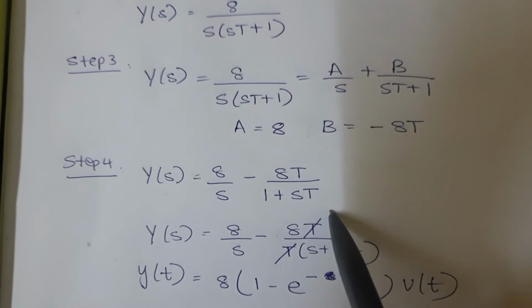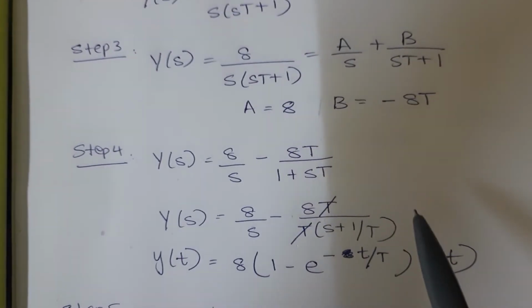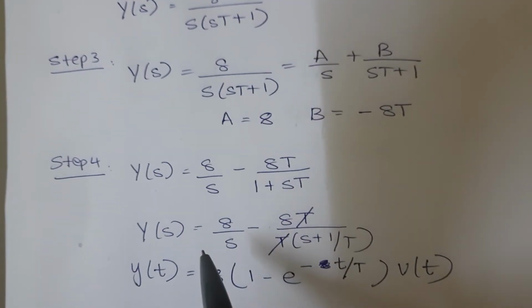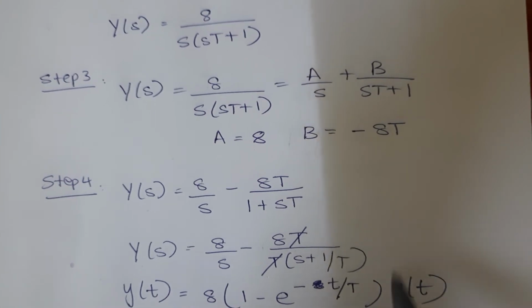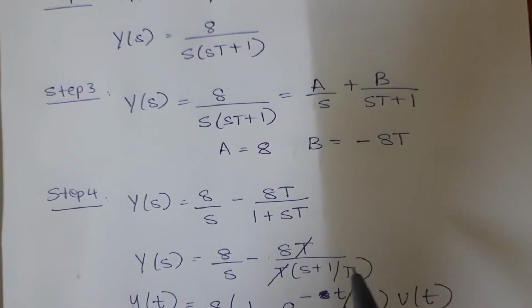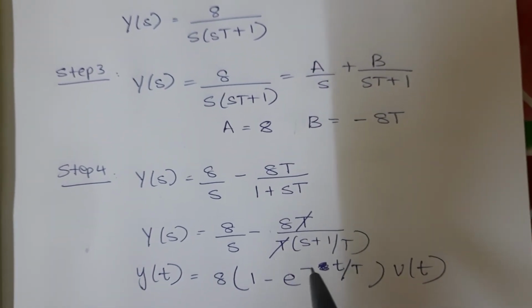So now both the T's will get cancelled. Now, while taking the inverse Laplace transform, 8 by s will be 8 u(t) minus 8 into 1 by (s plus 1 by T). Now inverse Laplace transform of this is e to the power of minus t by T.